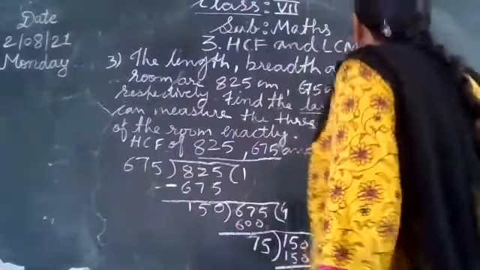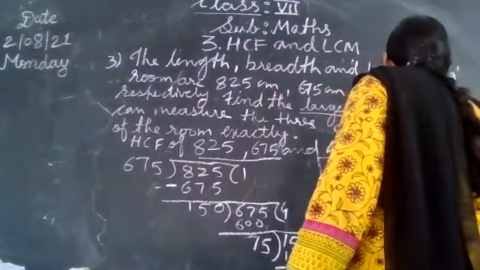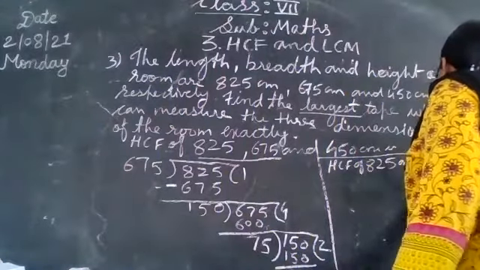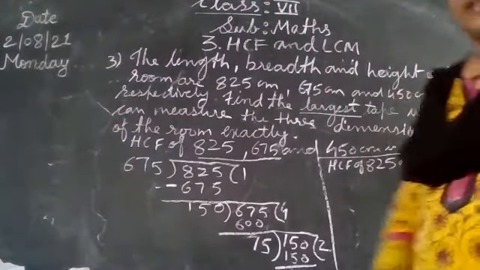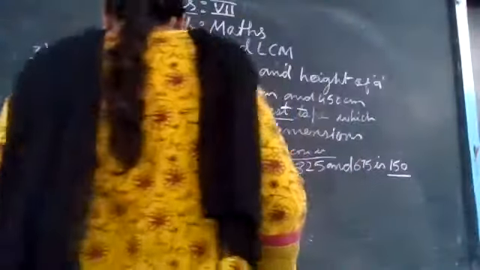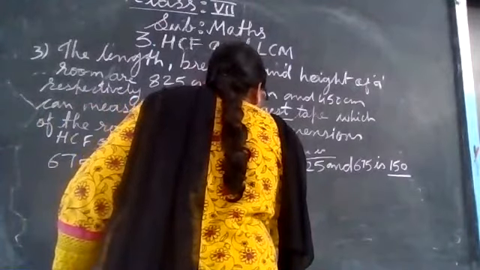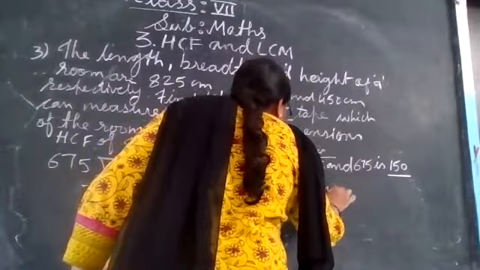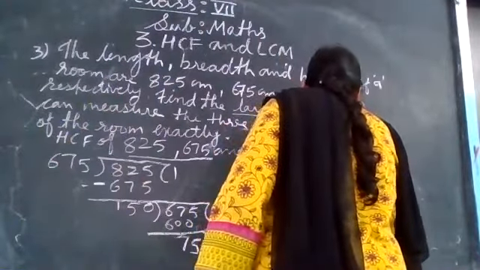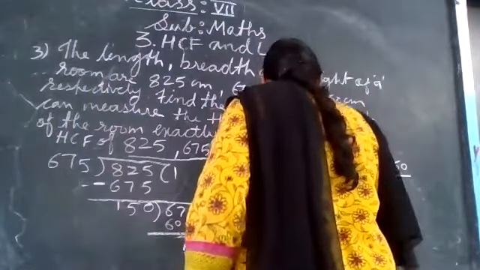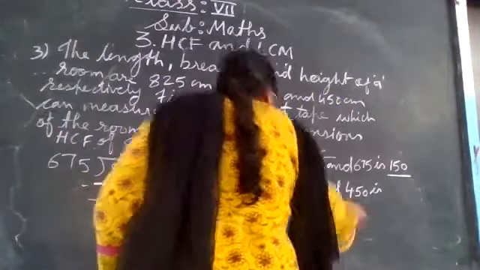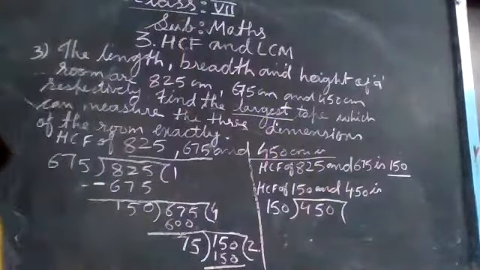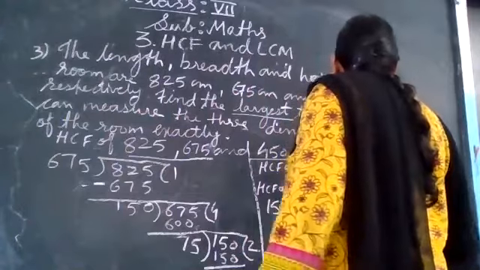HCF of 825 and 675 is 75. Now with this 75, we will take the third number and then find the HCF. So HCF of 75 and 450 is 75.